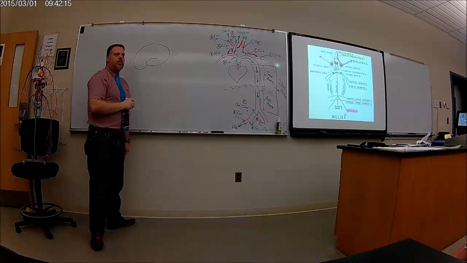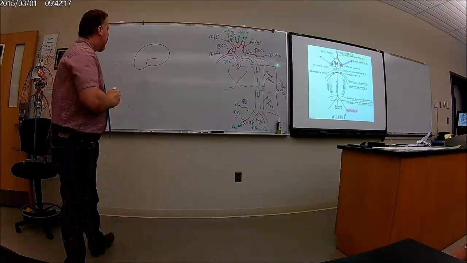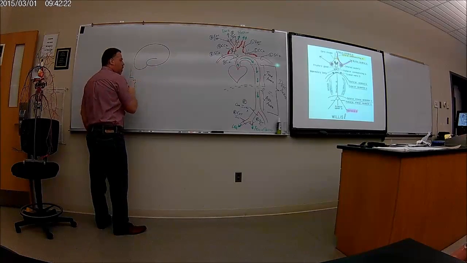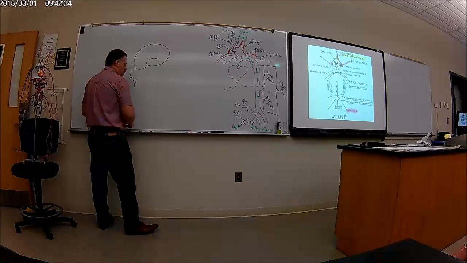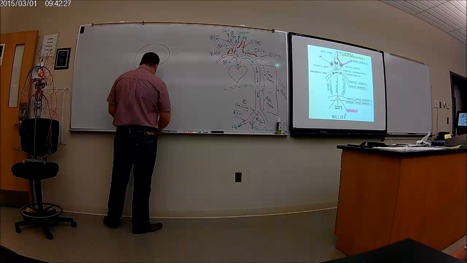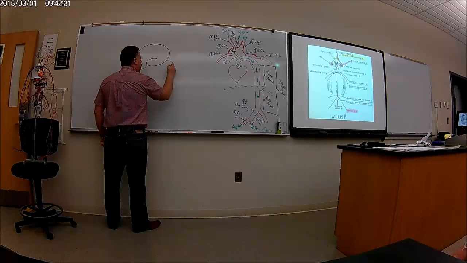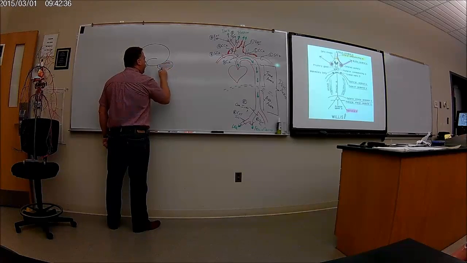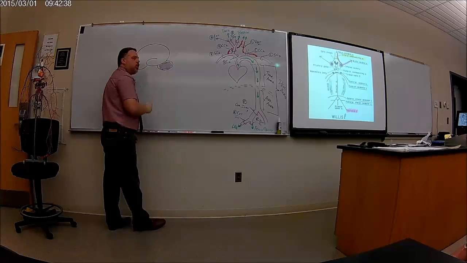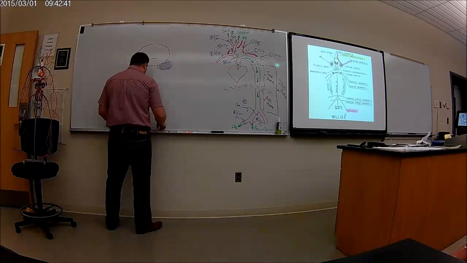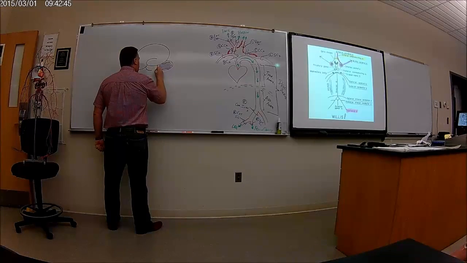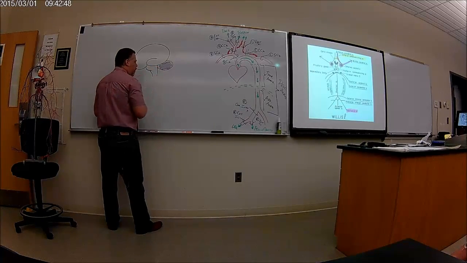This is the brain, right? Looks like a boxing glove. Okay? This is the cerebrum, right? His nose is over here, his mouth, and so forth. Okay? Back here is the cerebellum that controls balance and coordination. And then you also have the brain stem.